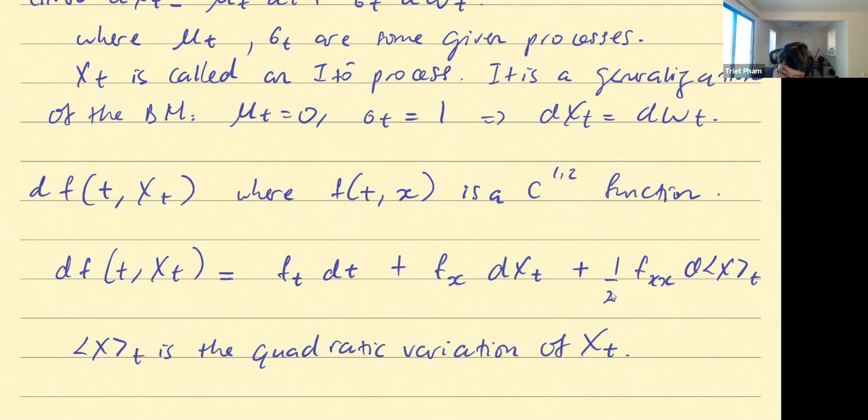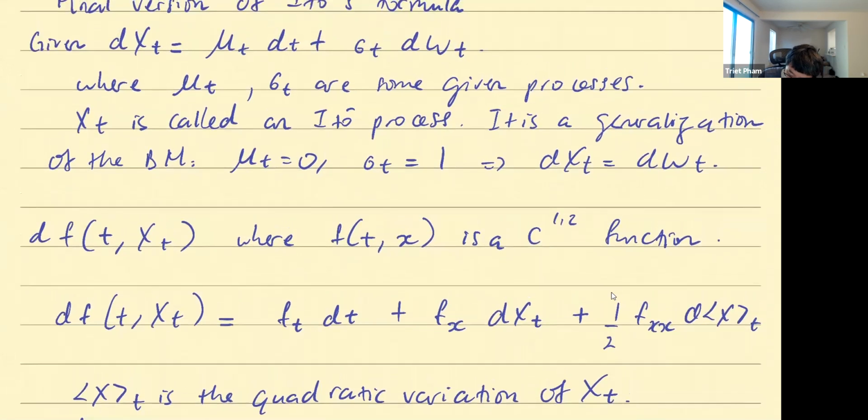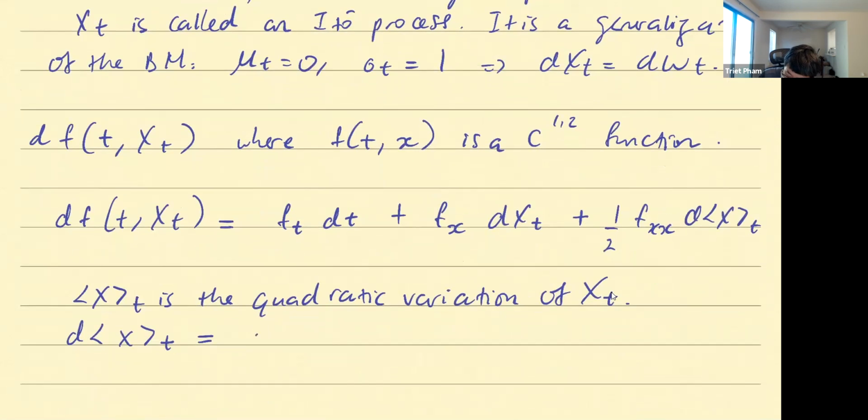And in this case, this is very easy to find. The differential of the quadratic variation is sigma t squared dt. So the reason is like this.